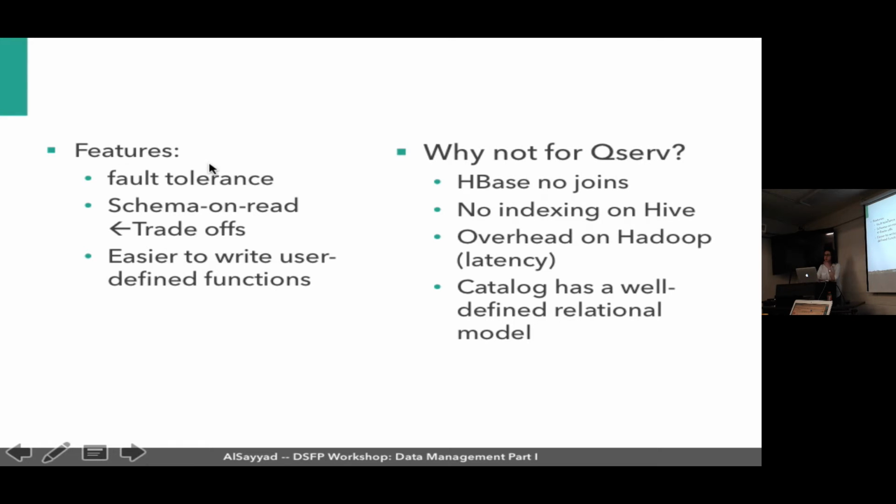So some features, we already talked about fault tolerance and the lack of schema. We talked about the bad parts of having no schema. The benefit to having no schema is that it makes it easier to work with your data immediately.